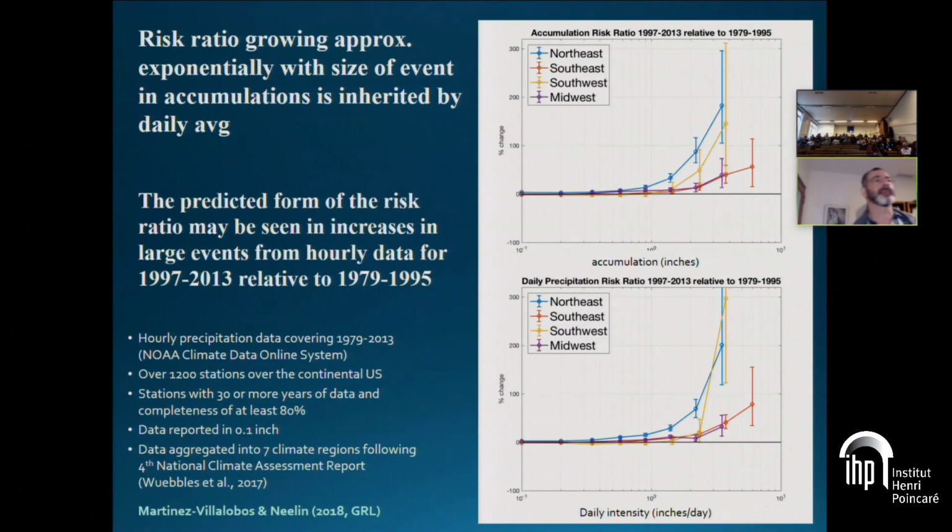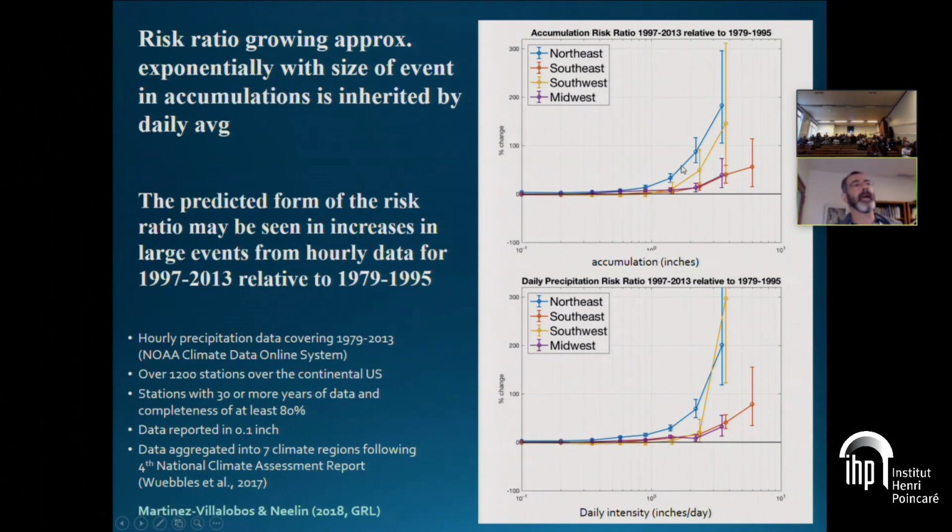Does this occur in observations? Yes. This is looking at the US hourly data sets forming accumulations, and this is the risk ratio for accumulations for certain regions shown above, and then the daily precipitation intensity risk ratio shown below for 2 sort of decade-and-a-half periods, a more recent period relative to an earlier period.